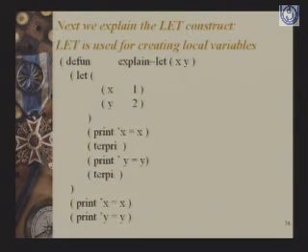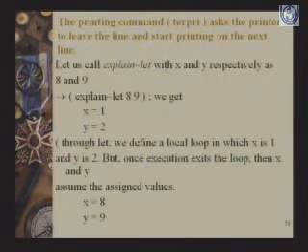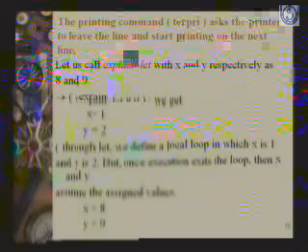However, the last two print statements are not within the scope of let, therefore these occurrences of x and y are not bound by the values 1 and 2 respectively, but rather whatever are the parametric values given to x and y. In this particular case we have assumed that the value of x will be 8 and the value of y will be 9, and therefore the last two statements will be printing the values 8 and 9 respectively, which is obviously given here also.